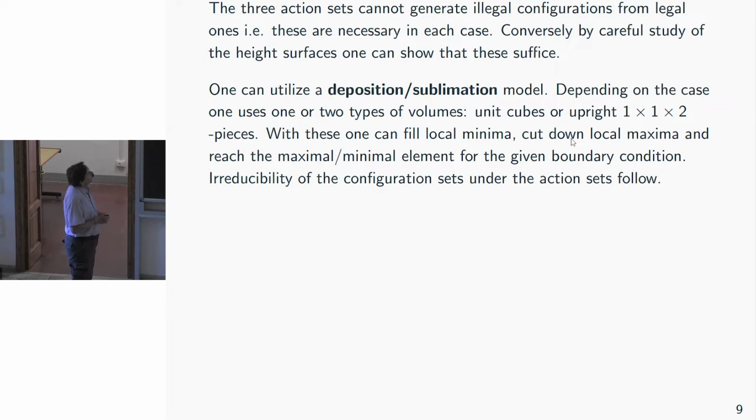And with those things, you can build higher or lower configurations. For instance, to show the irreducibility of the set of configurations, you want to reach either the maximal configuration or the minimal configuration, which are guaranteed to exist because it's a distributive lattice that you are acting on.